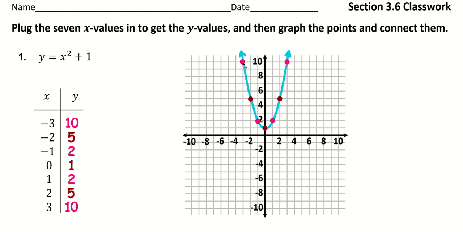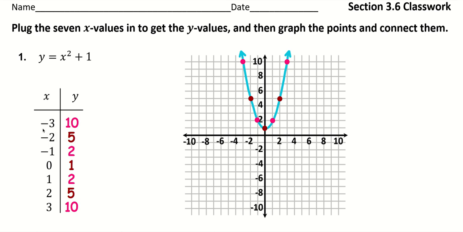So this would be our -3 comma 10, this would be our -2 comma 5, this would be our -1 comma 2, this would be 0 comma 1, and so on and so forth. And again, these are just 7 examples of solutions.